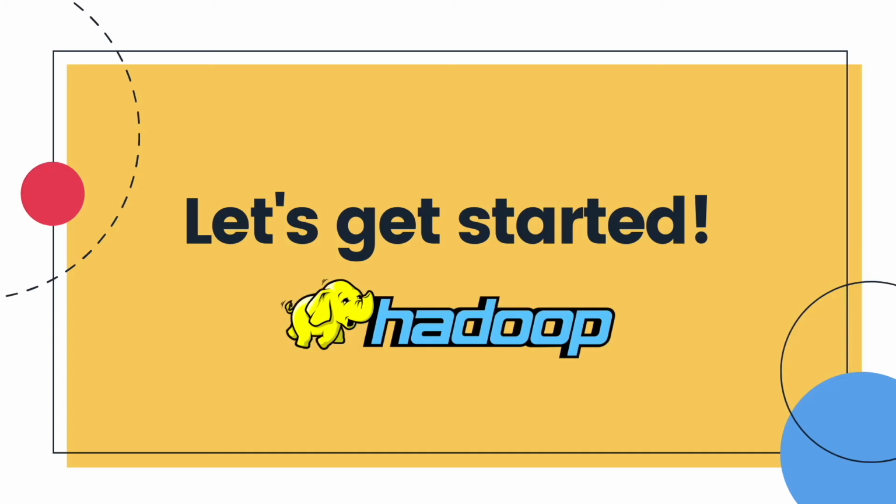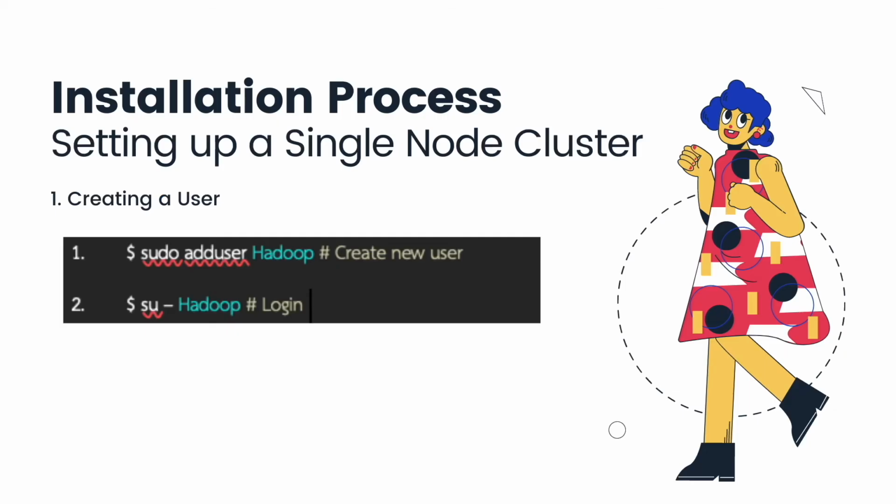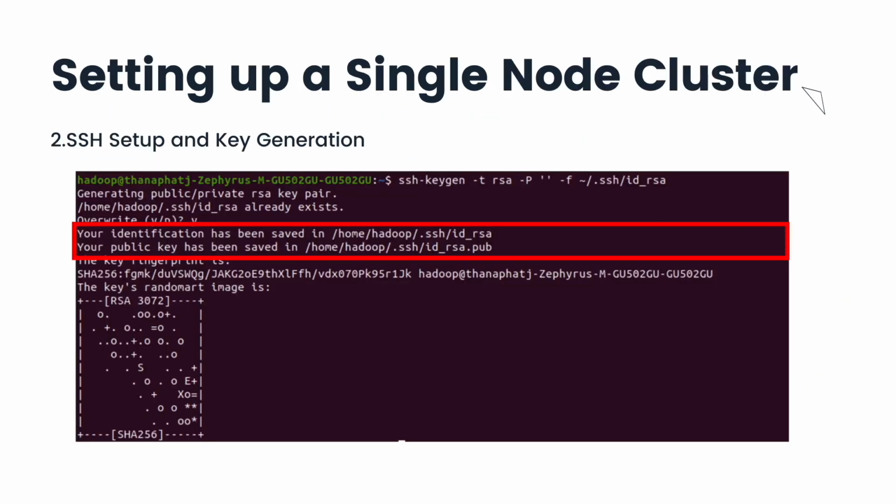Okay, so let's get started using Hadoop from the installation part. Next, we are going to talk about the installation process and how to set up a Hadoop single node cluster. The first step is creating the user. It is recommended to create a separate user for Hadoop to isolate your Hadoop files and the system from the Unix files. Next, we need to set up SSH and key generation.